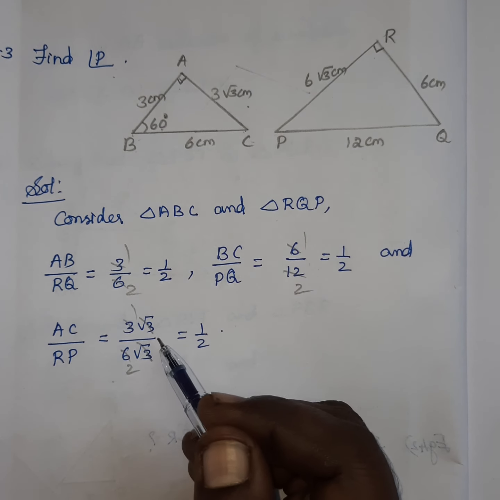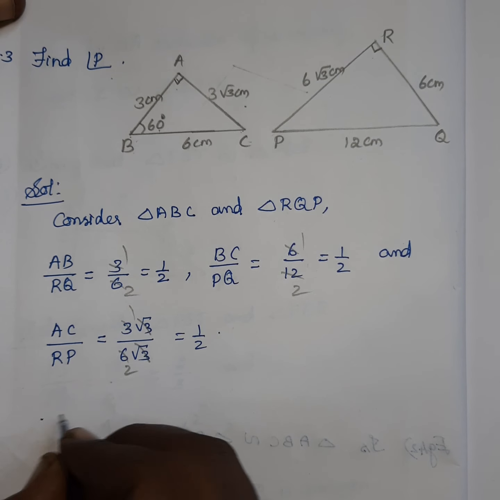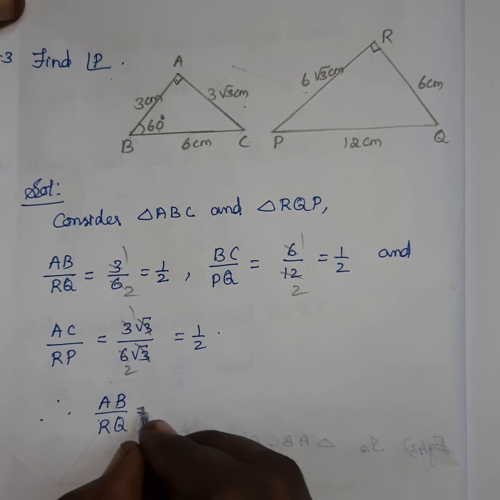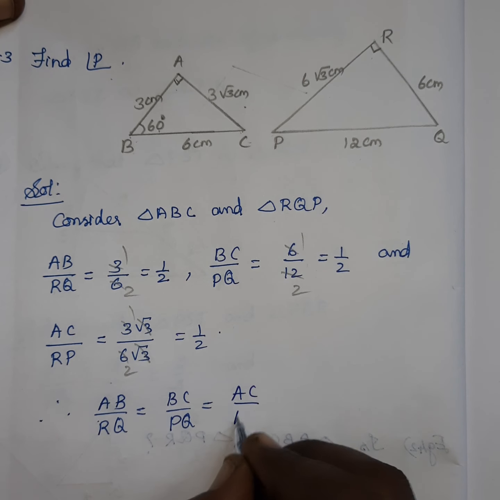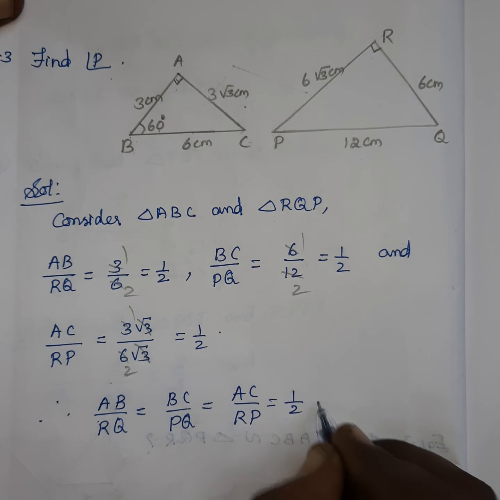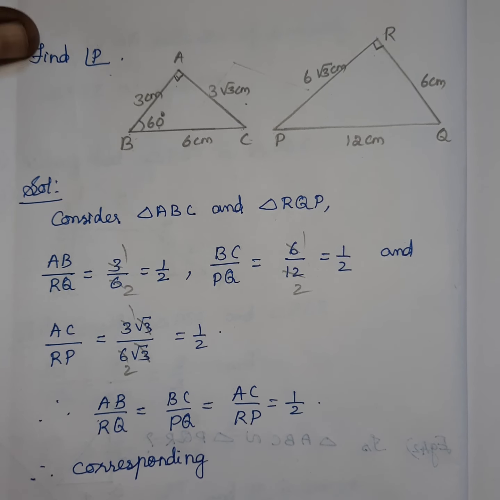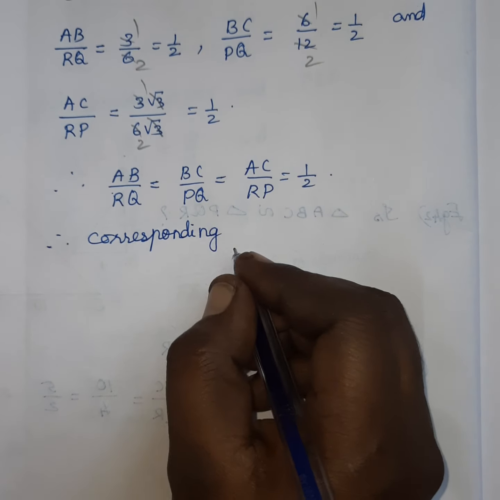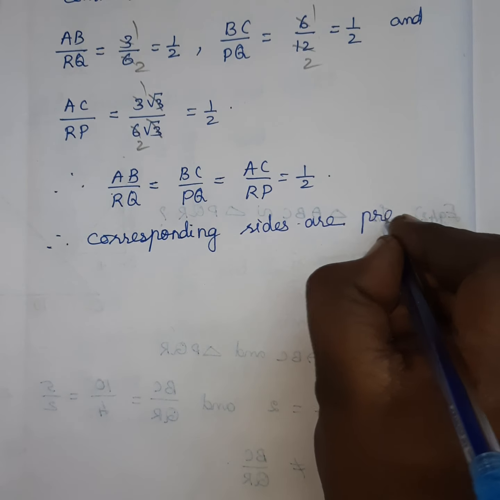Then since the triangles are similar, corresponding angles are equal. Okay, so first write the similarity. Therefore, AB divided by RQ equal to BC divided by PQ equal to AC divided by RP, that is equal to 1 by 2. Therefore, corresponding sides are proportional.